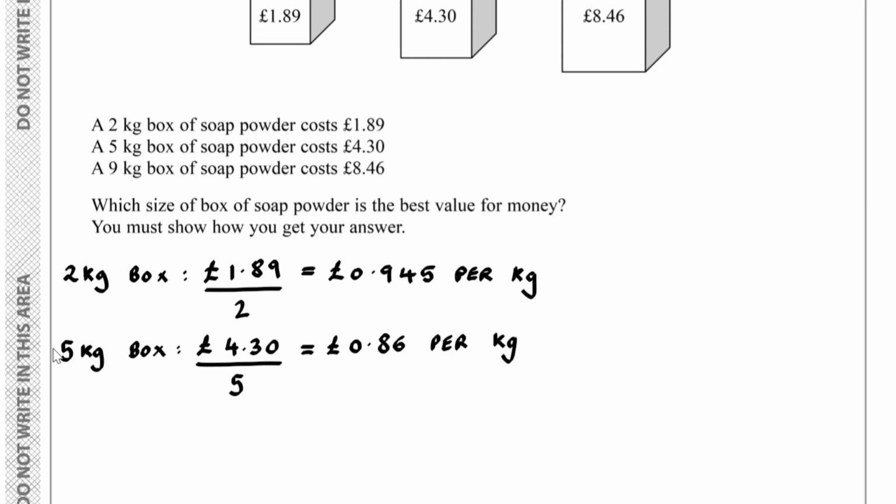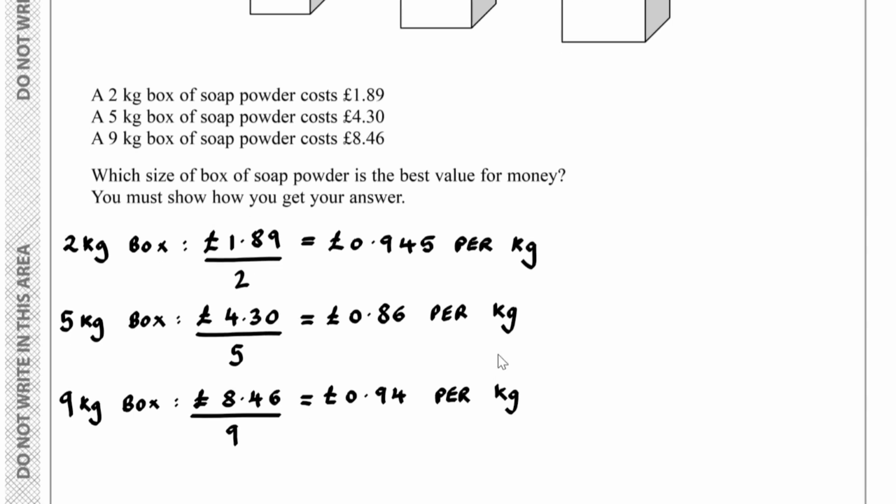And if we take a look at the 9 kilogram box, we've got 8.46 divided by 9, which is 0.94 per kilogram.